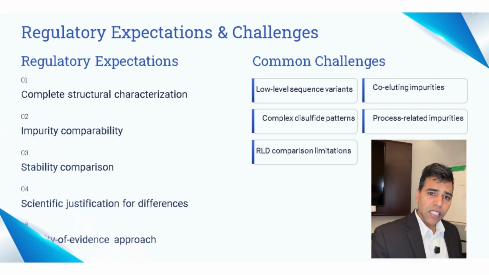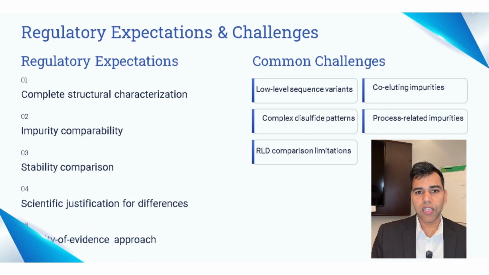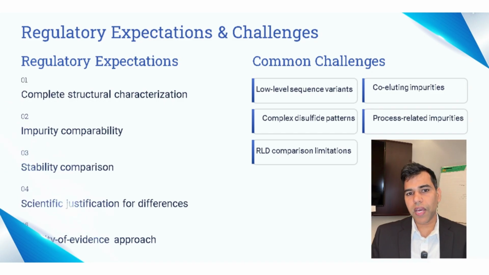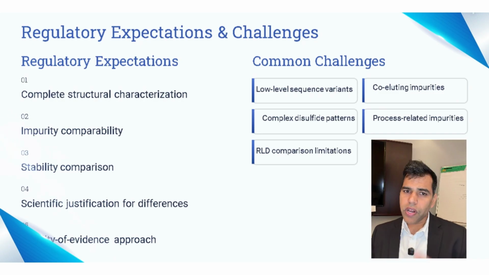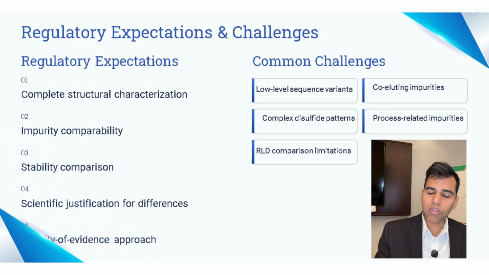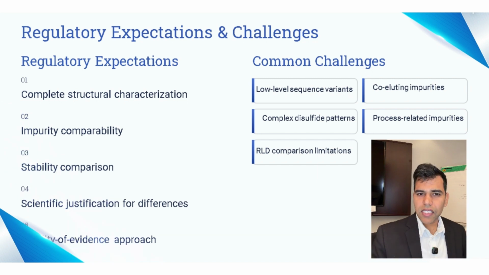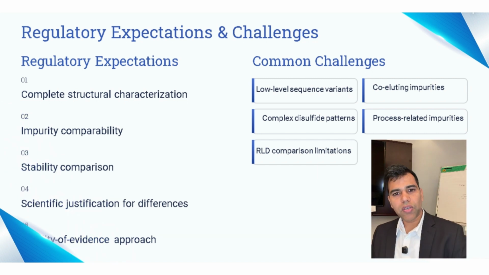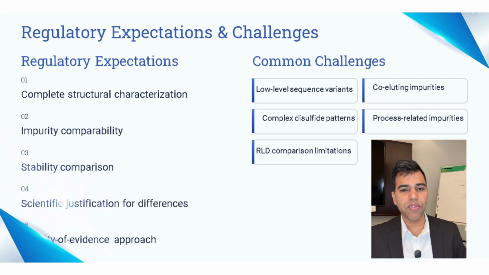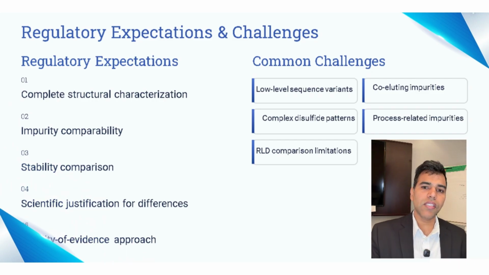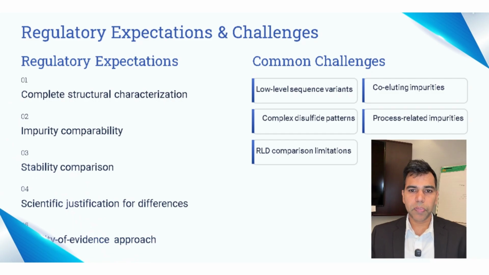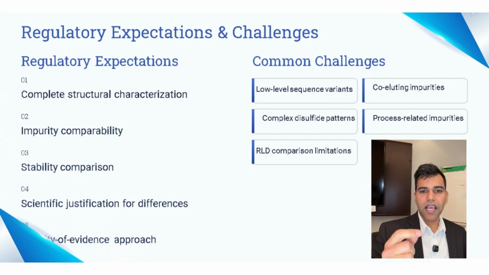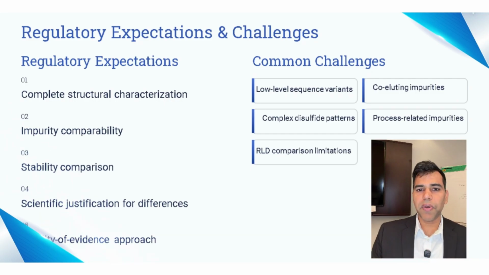The common challenges we see teams struggling with: low-level sequence variants that sit right at the detection limit, co-eluting impurities that need orthogonal methods to resolve, complex disulfide patterns in molecules that don't behave nicely during reduction, process-related impurities that don't have a clean reference in spectral databases, and then there is the RLD comparison problem.